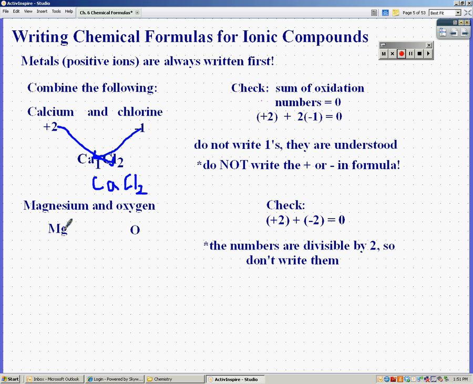Okay, so for the next one, magnesium and oxygen. First of all, I would have to figure out, remember, or look on my table to get their charges. Magnesium's in group 2, so that reminds me that it's a +2. Oxygen is in the group that are all -2. So when I crisscross, I would get Mg2O2.